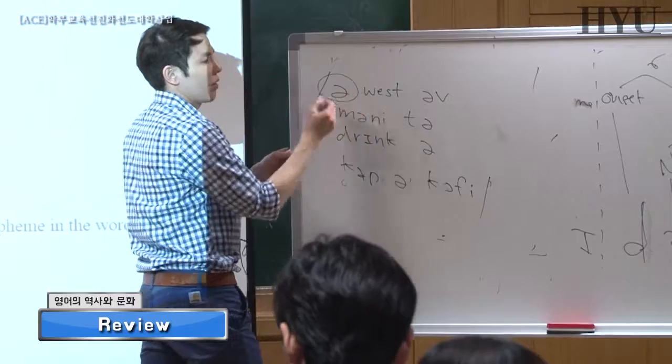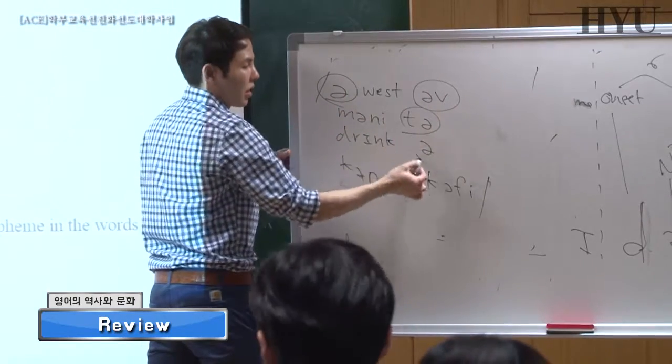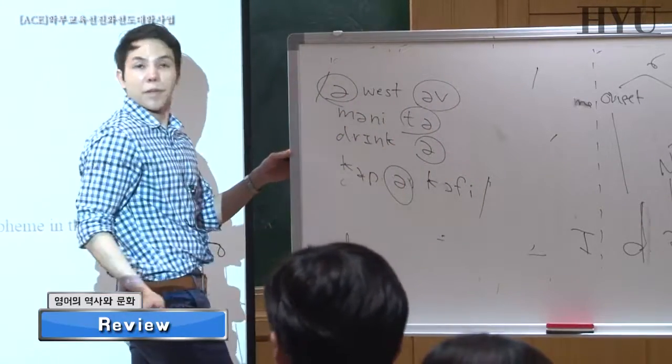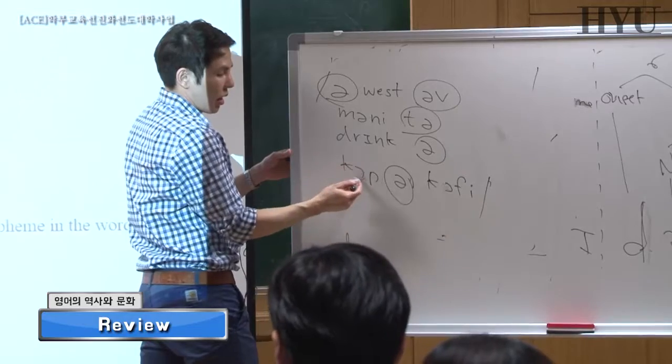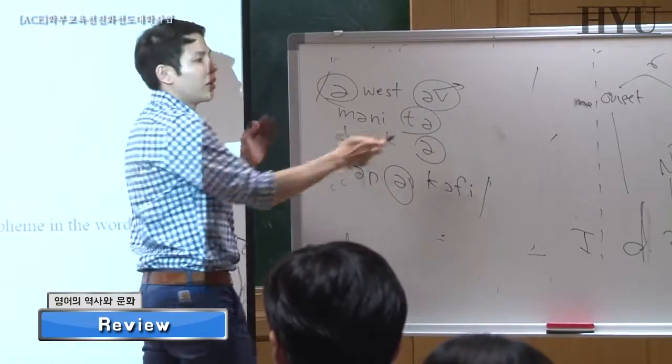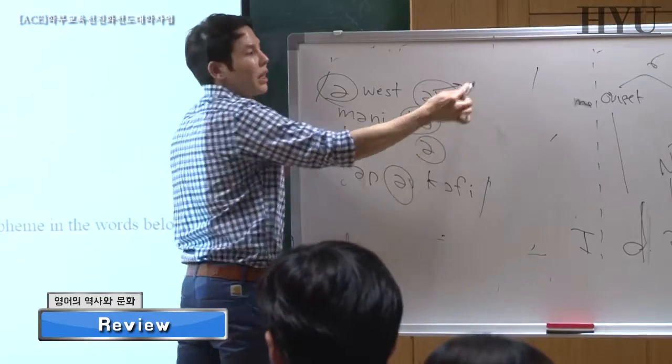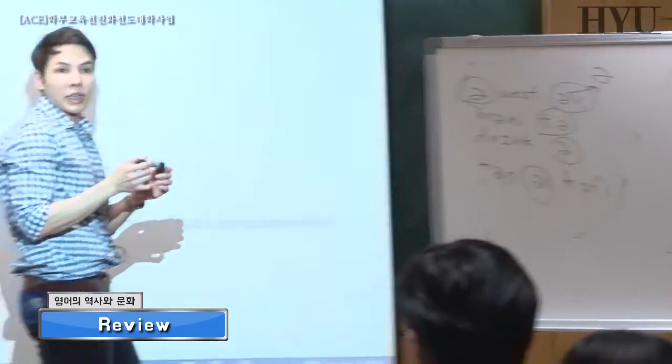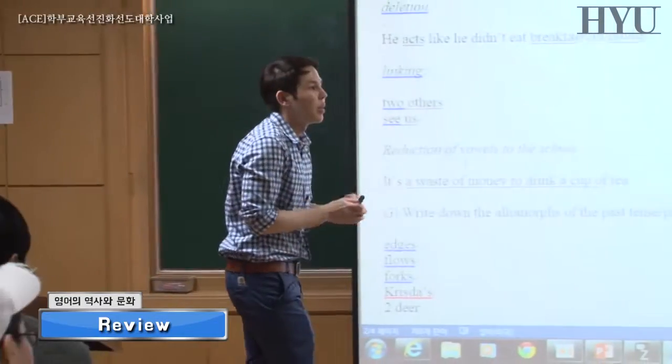Okay, so we have here, here, here, here, and here. And sometimes in "of", the V is also deleted, so you have only a schwa. Sometimes, a lot of times too.